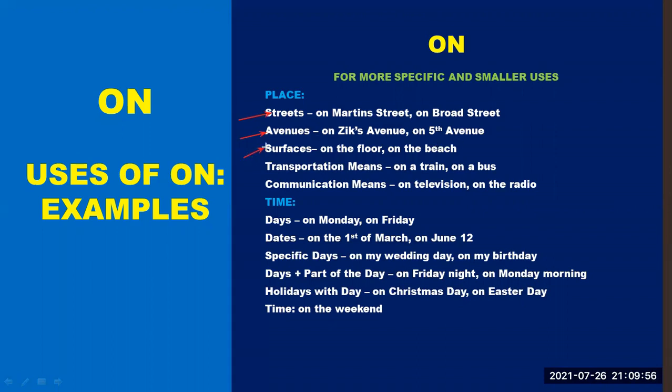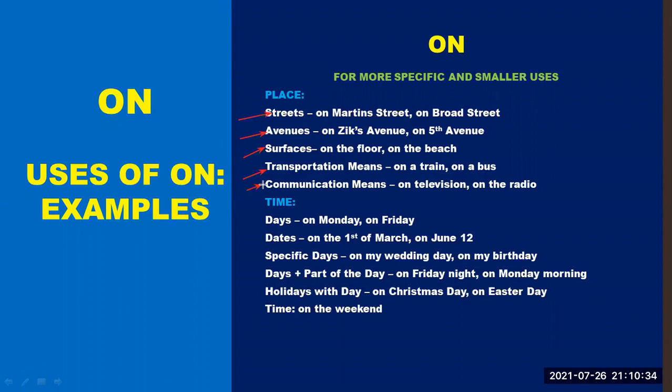You can use on for surfaces such as on the floor, on the beach, and so on. In terms of means of transportation, you can talk about some larger means of transportation such as train and bus. You use on. Remember, we use in for a car, in a car, but talking about a train, which is a larger means of transportation, we use on a train, on a bus, all right?